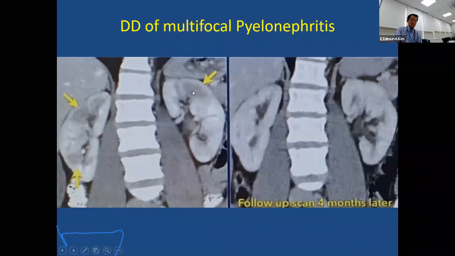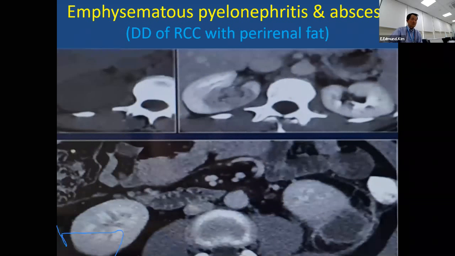So it looks like a tumor, but it's a multifocal pyelonephritis. So you have to combine it with the clinical findings. A gas-forming mass is emphysematous pyelonephritis. You have to separate it from renal cell carcinoma with para-renal fat involvement.